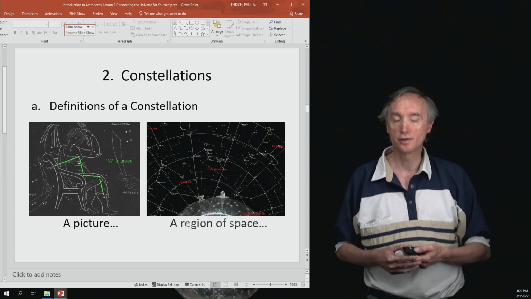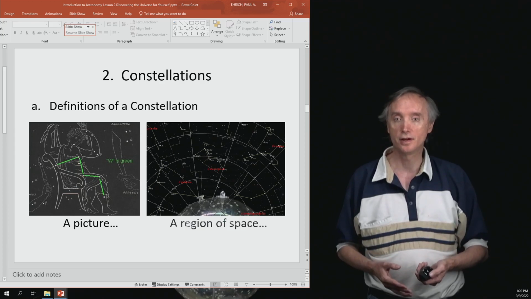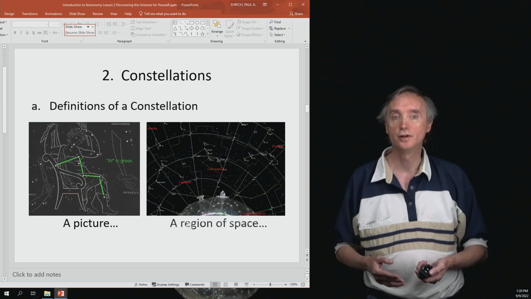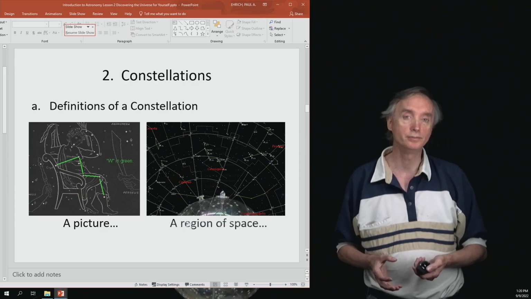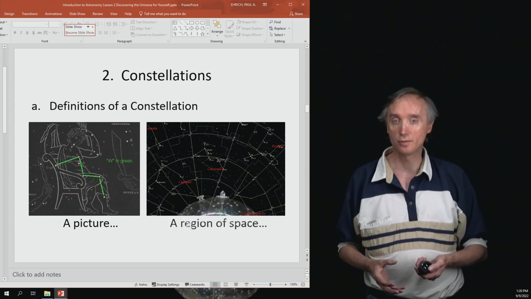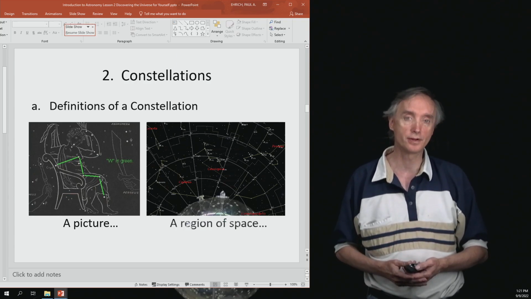So what the modern astronomer has done is cut up the night sky into a jigsaw puzzle, and each of the pieces of the puzzle has one of the traditional Greek constellations in it.